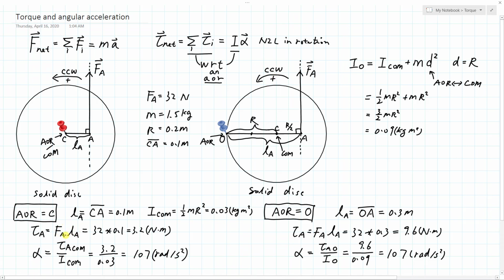If it was clockwise, I would have a negative in front. So then I calculated the torque. And I'll keep going until I calculate all the torques, and then I'll add them together as the sum of the torques. And once I have the sum, I divide the sum by the corresponding rotational inertia, and I get the angular acceleration. Thanks.